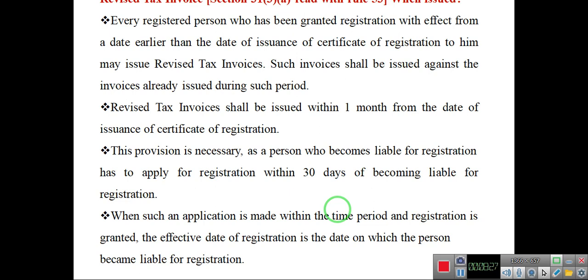This provision is necessary as a person who becomes liable for registration has to apply for registration within 30 days of becoming liable for registration. When such an application is made within the time period and the registration is granted, the effective date of registration is the date on which the person became liable for registration.